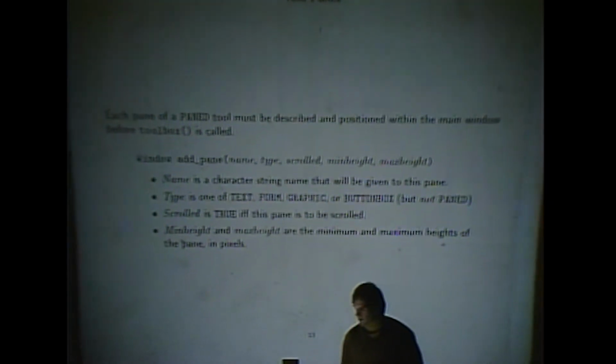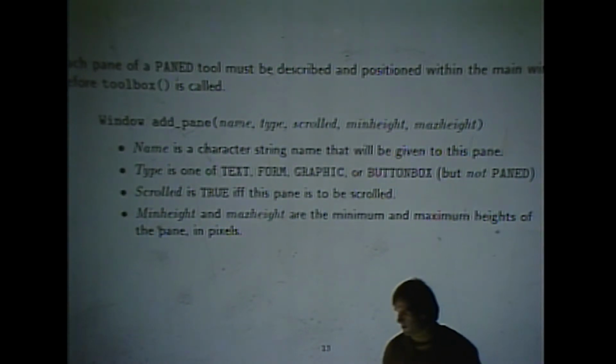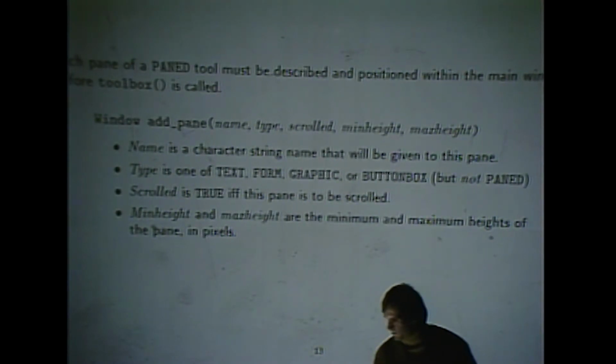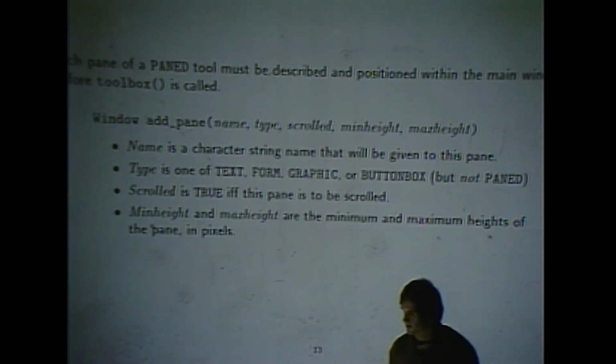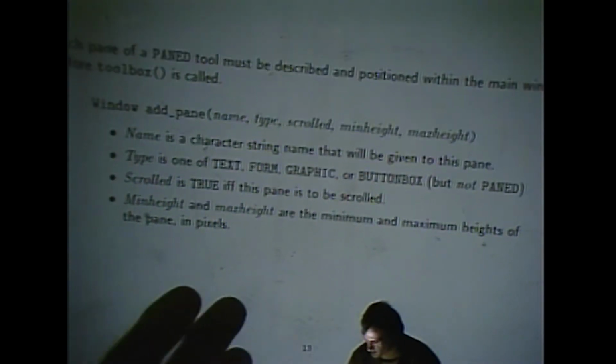Each tool is divided up into one or more panes using, obviously, the pane widget. These are all vertically paned at the present. So if you want to divide into panes, you say add pane and say what kind of pane, whether it's text, form, graphic, which is just a generic X window, or button box, not another paned window.